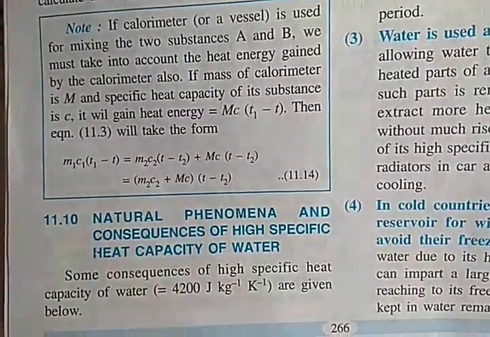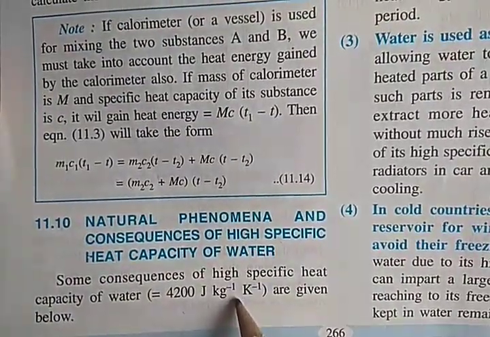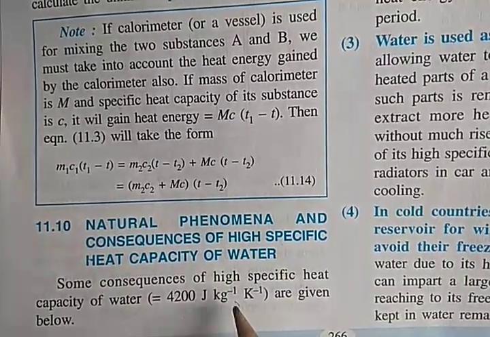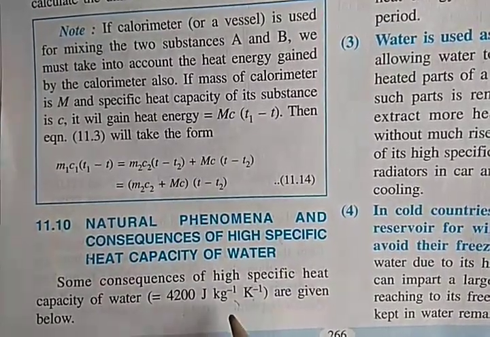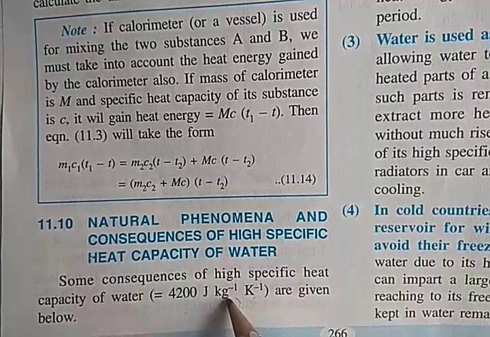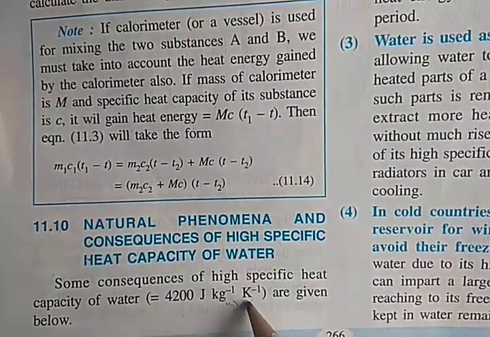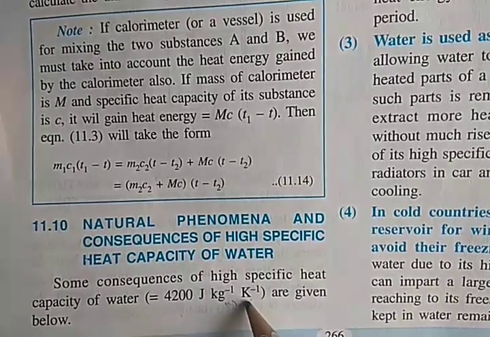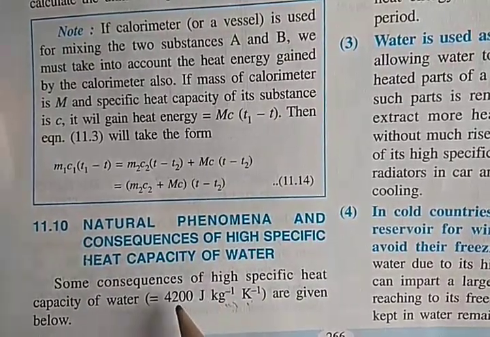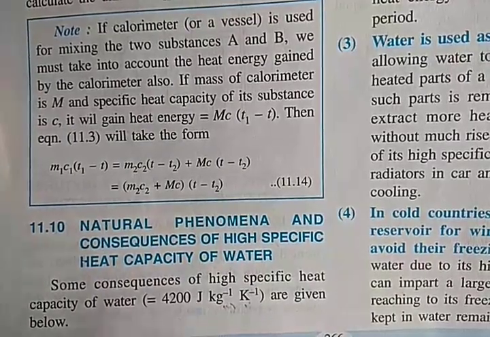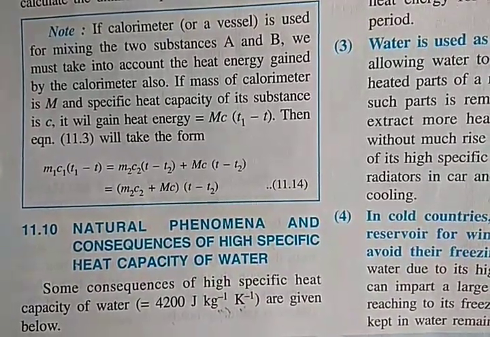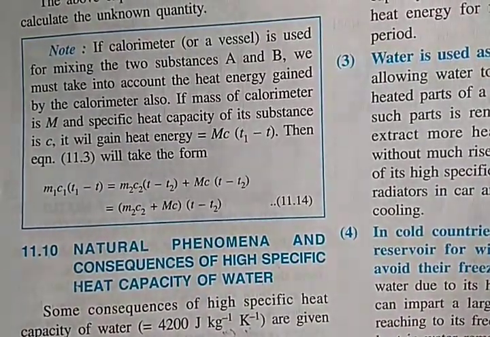That is, if we have 1 kilogram of water, then to raise its temperature by 1 Kelvin or 1 degree Celsius, we have to give 4200 joules of heat energy. So that's a very high value of heat energy, remember.